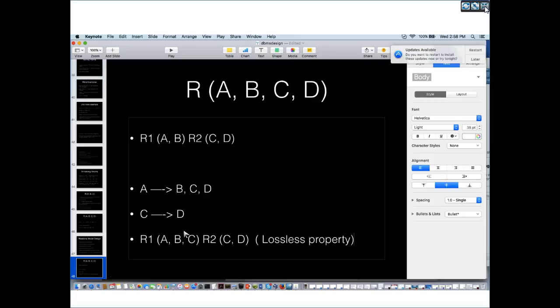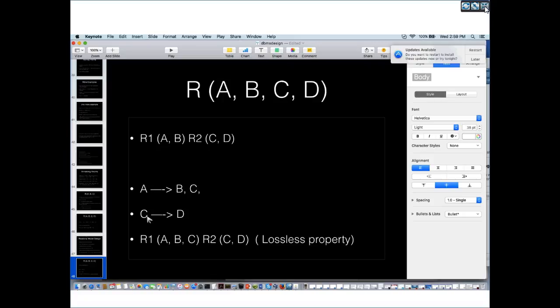Now, if the dependency that A determines, I think there are example cases where the argument becomes slightly more complicated. Where basically, if you say that A determines B, C, and C determines D, A is still the key.